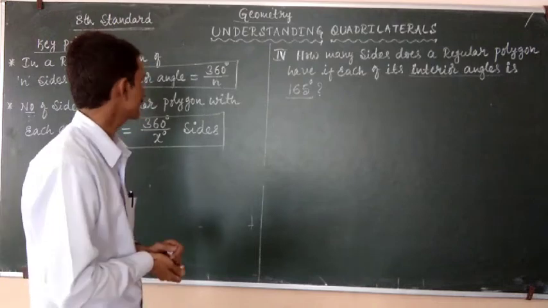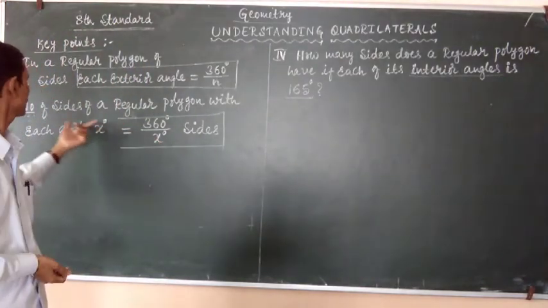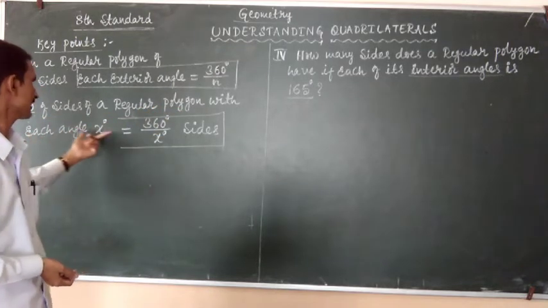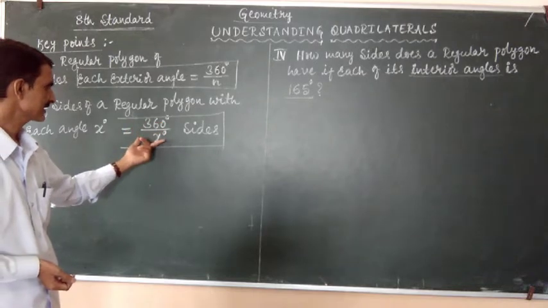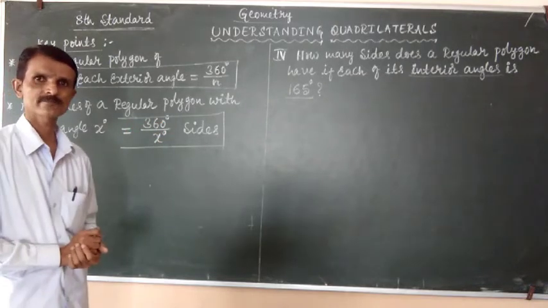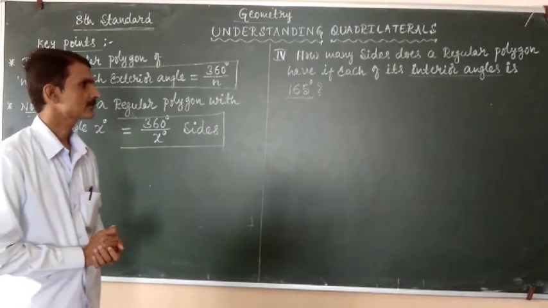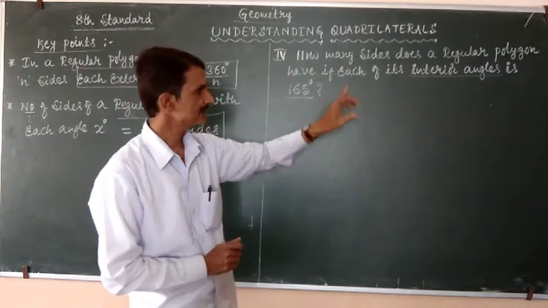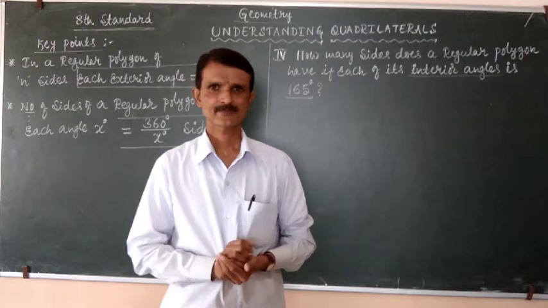For this, we are going to use the second formula. The number of sides of a regular polygon with each exterior angle x degrees equals 360 degrees by x degrees. In this problem, they have given the interior angle.